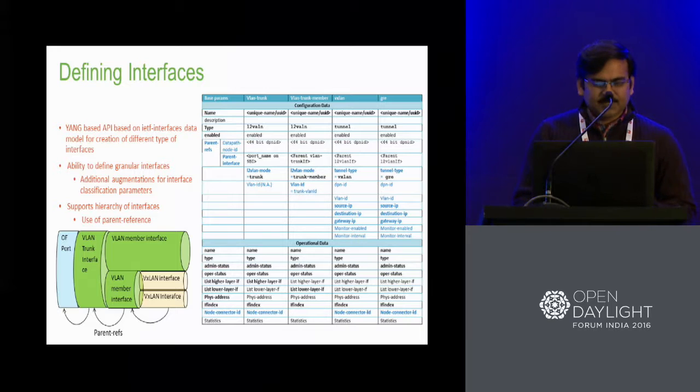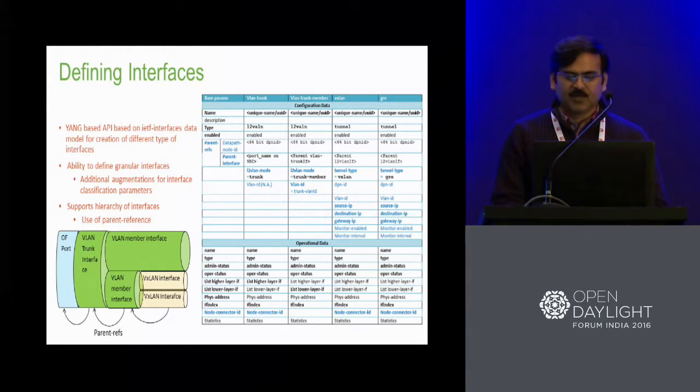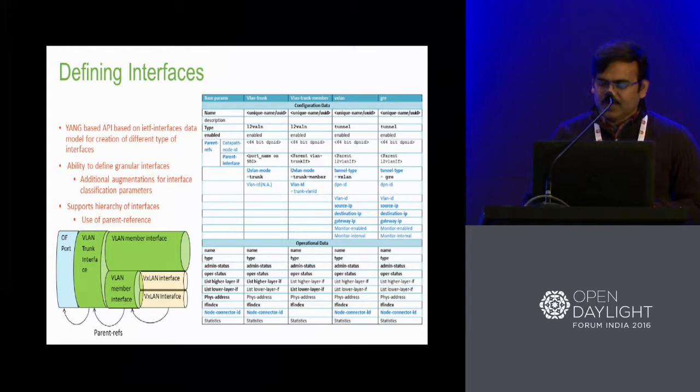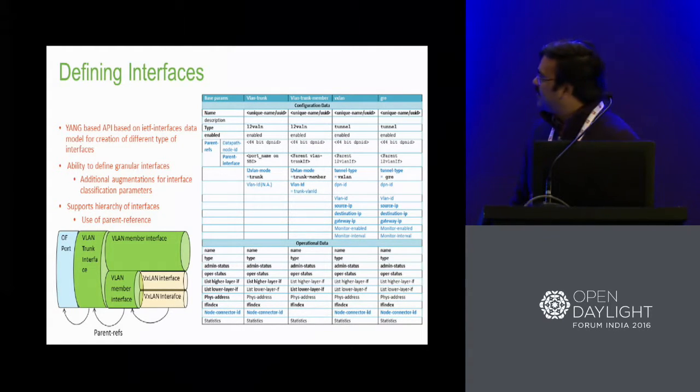This slide explains how you define interfaces with the interface manager. We have a YANG-based API where you can define different classification parameters for a particular interface. Currently we have VLAN kind of interfaces, and we can also create tunnel interfaces like VXLAN and GRE.